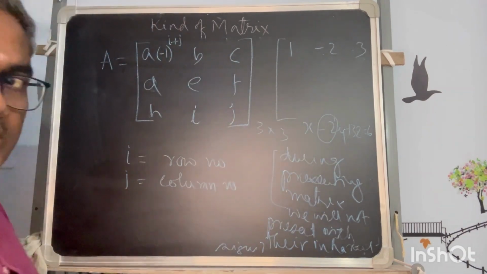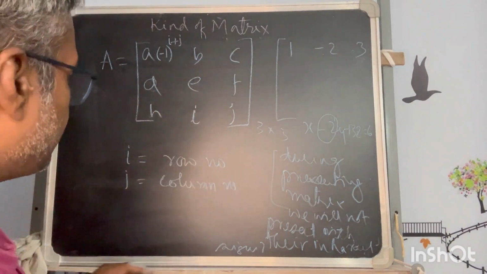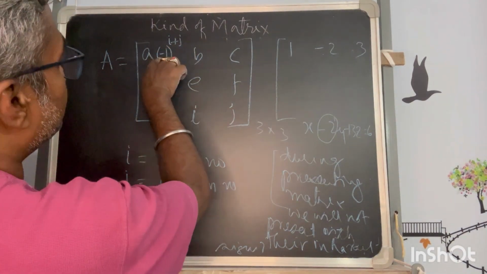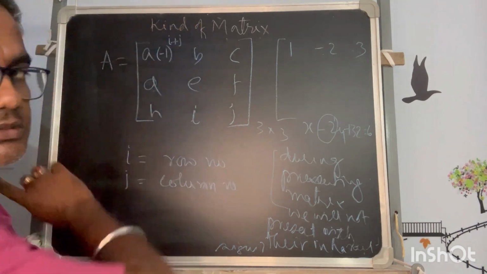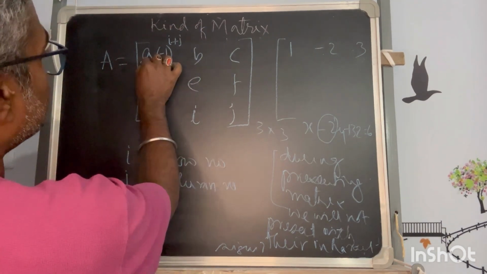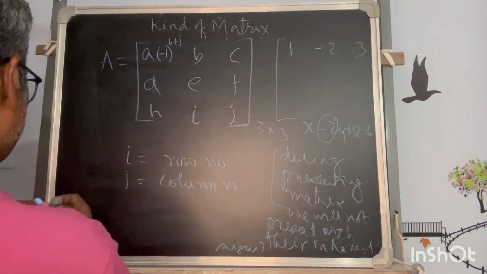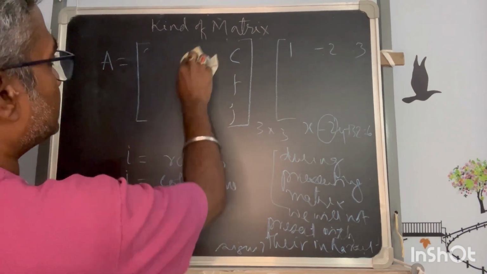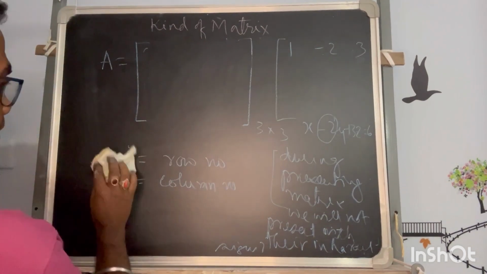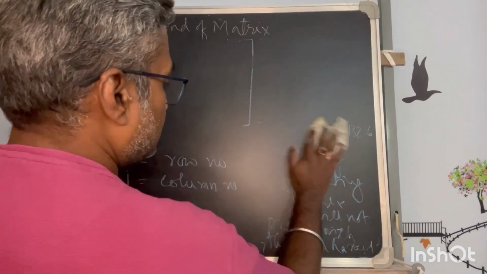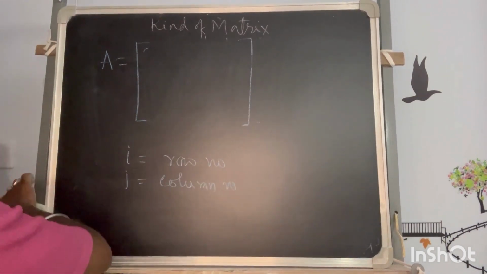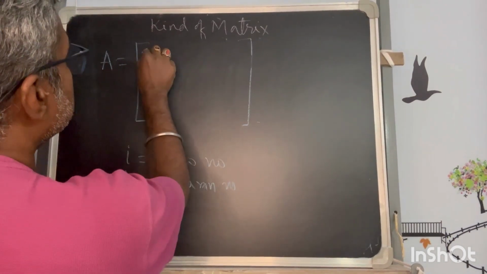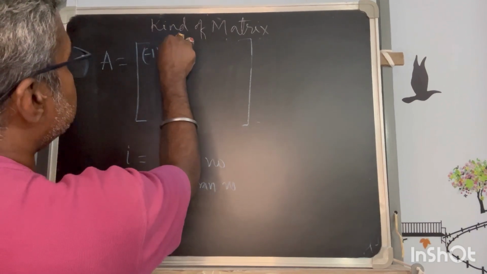These elements have their own sign, and the sign varies with this formula, minus 1 whole to the power i plus j. So if I only represent the sign, it will follow a pattern that can be easily memorized.